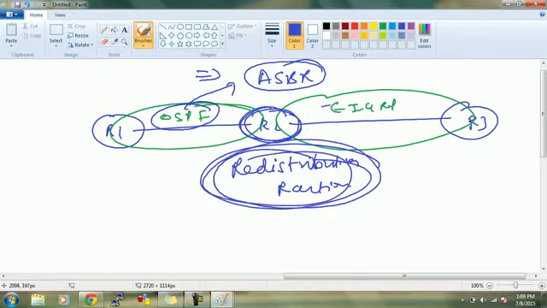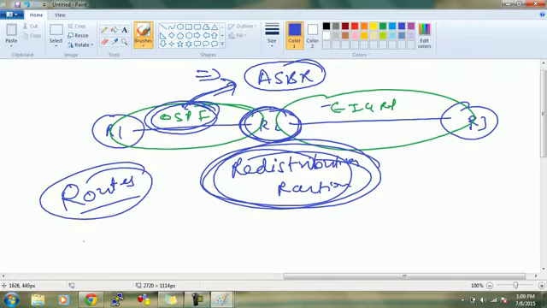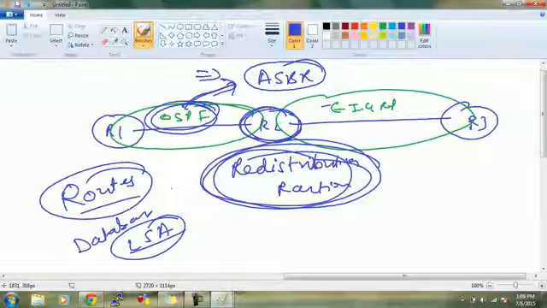OSPF will call it ASBR, and all other routing protocols will call it a redistribution router. This thing is fine. Now in OSPF there is nothing called routes. Everything is in the form of a database, or you can say LSAs. It means which router is responsible for injecting external LSAs into OSPF? ASBR. What do we call that router?